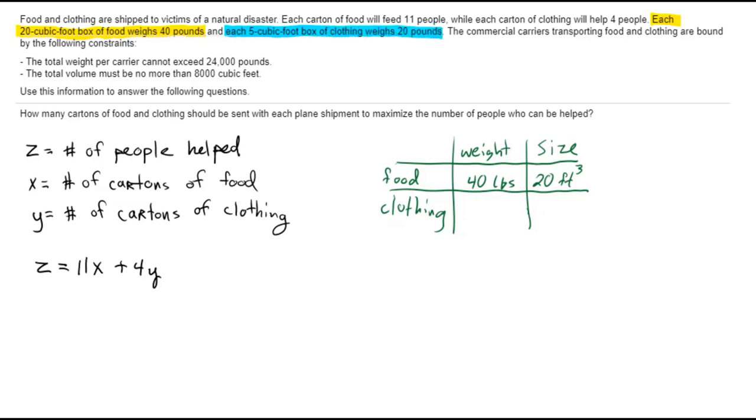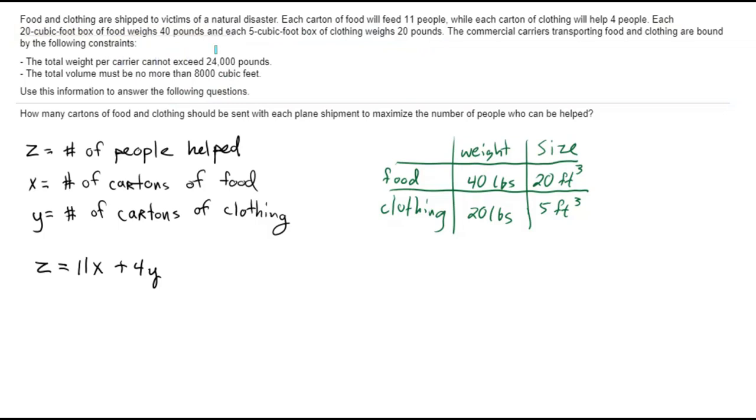So for that, the size would be 5 cubic feet per carton, or per box, and that weighs 20 pounds. That just helps me organize that information and get it out of a sentence and into an easily accessible form. Then the other thing I'm going to use are these sentences here, putting all that together.